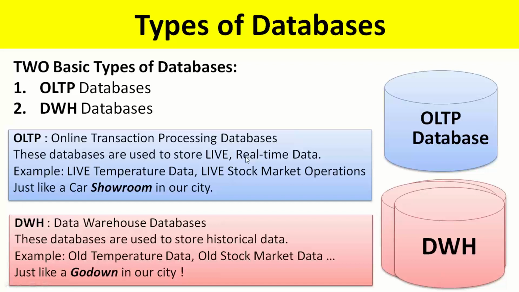Next, apart from this, data warehouse to store old historical data, like old temperature data, old stock market operations. A showroom is OLTP, godown is warehouse in our city.